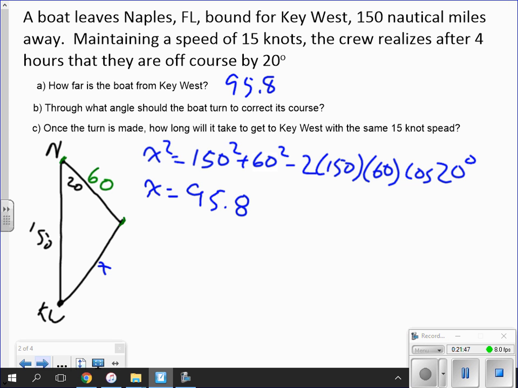Okay. So we know how far off course you were. Now we can figure out real quick, if I were doing a test, I'd take that and divide that by 15 to get how long it's going to take. Distance divided by rate equals time. So if you want to answer question C, you just divide that by 15. 95.8 divided by 15, and that will take them 6.4 hours.